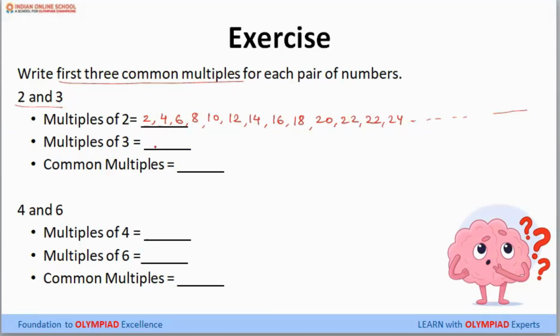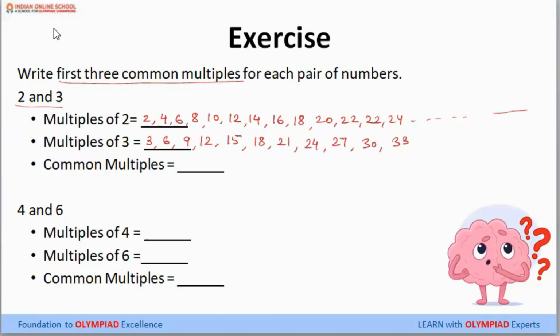The multiples of 3, tell me. 3, 6, 9, 12, 15, 18, 21, 24, 27, 30.